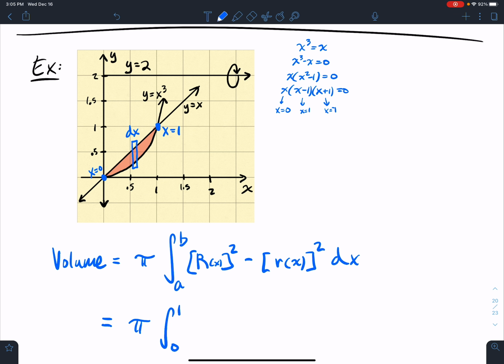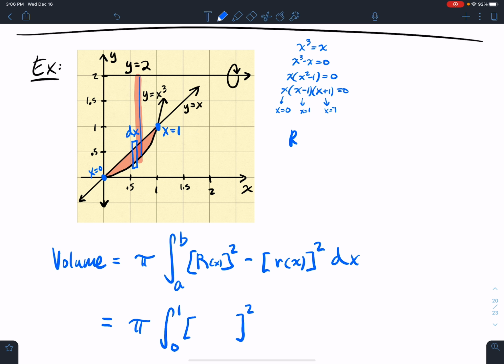Next thing I want to do is figure out what the big R squared is. So what is the big radius? Well, the big radius is the perpendicular distance from the axis we rotate about to the curve. To find distance, I do top minus bottom. What is the top?